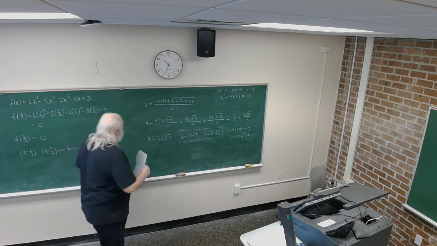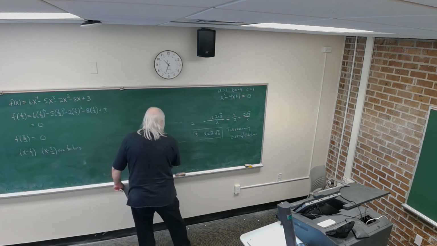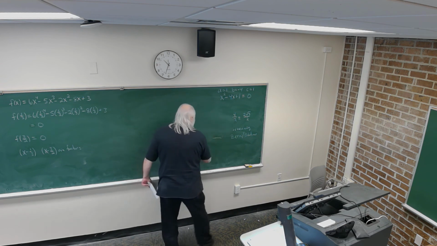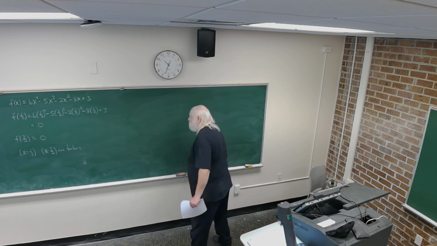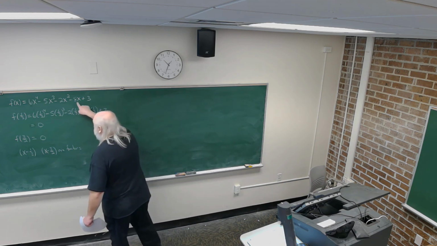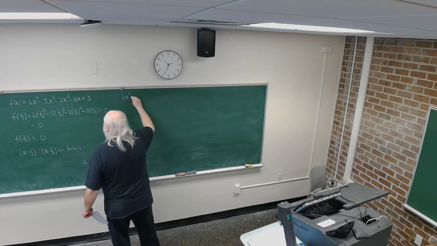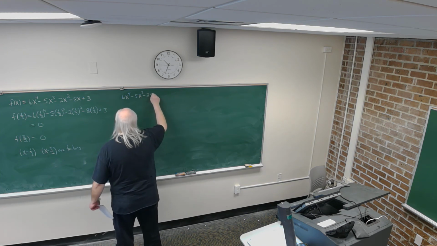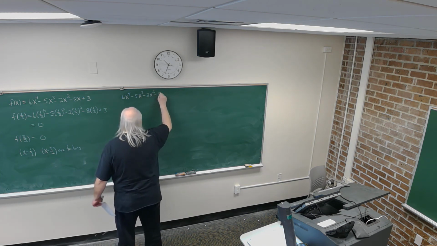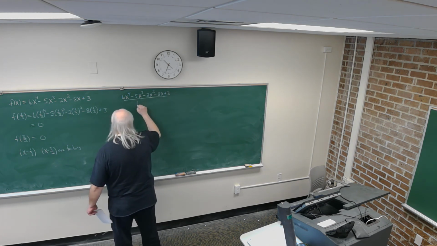So we're going to divide f of x, 6x to the 4th minus 5x cubed minus 2x squared minus 8x plus 3, by the first linear factor, x minus 1/3.